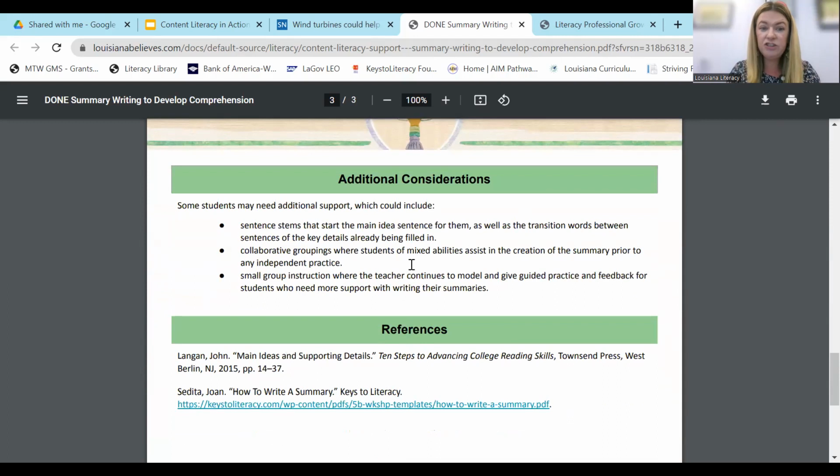Additional considerations, and usually this is written for diverse learners in mind, but it doesn't necessarily have to be. So some students may need additional support. This could look like this, not limited to, but it could look like this. You might need some sentence stems that start that main idea sentence or topic sentence for them, as well as transition words between sentences of the key details already being filled in.